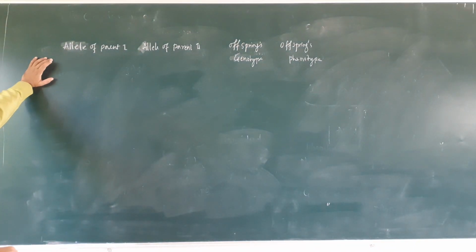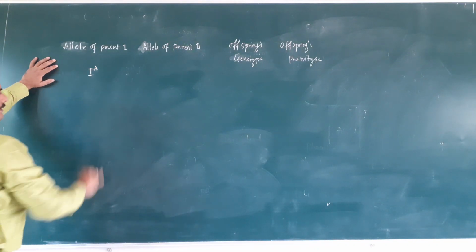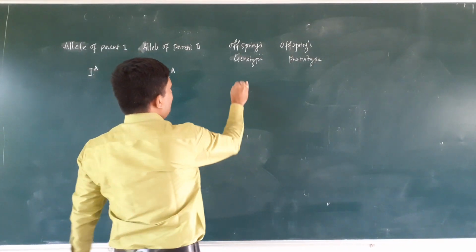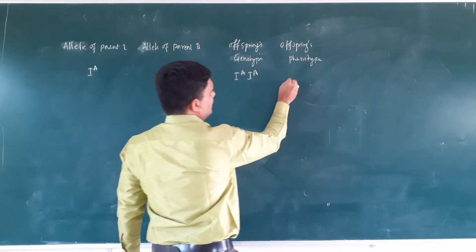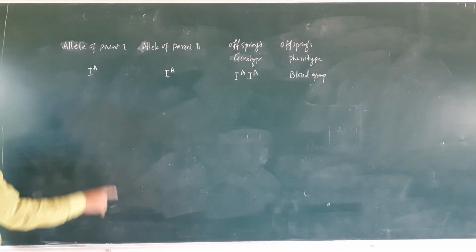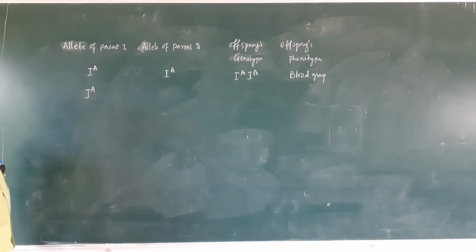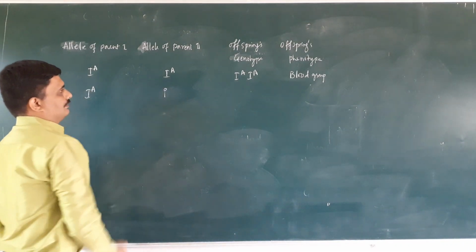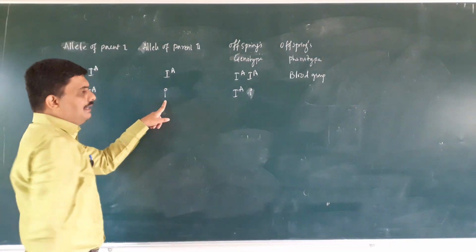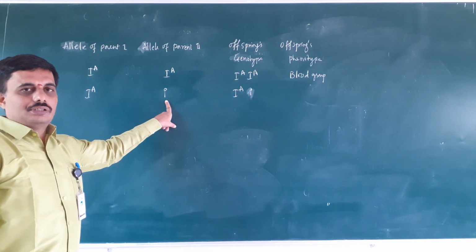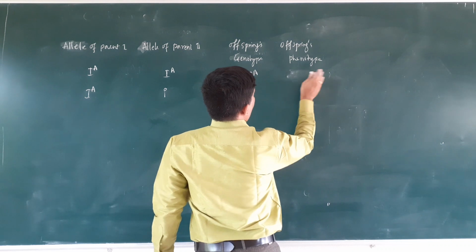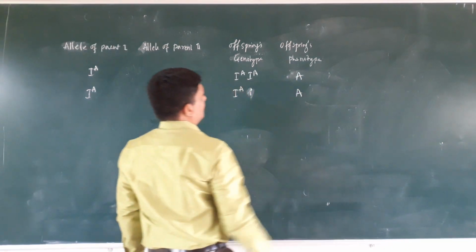When the allele of parent 1 is IA and the allele of parent 2 is IA, the offspring has the genotype IAIA, and the blood group is A. When the allele of parent 1 is IA and the allele of parent 2 is i, the genotype of the offspring is IAi. This i is the allele of the recessive character, so the blood group is A. The A blood group is also A.